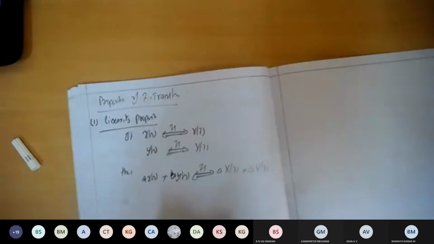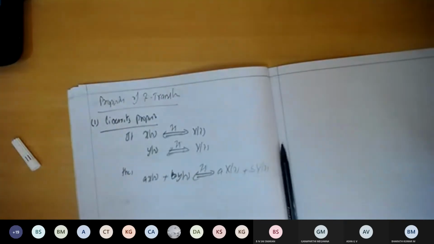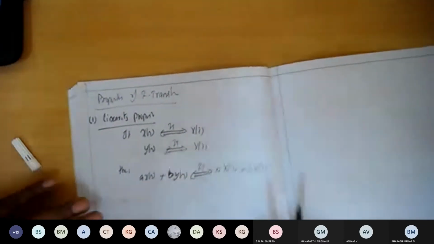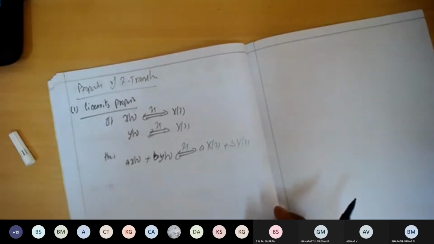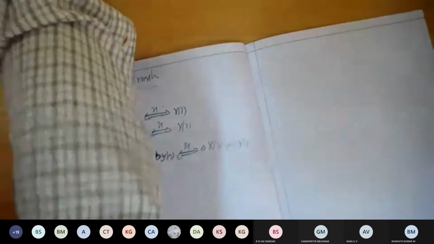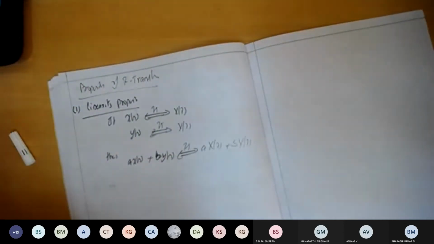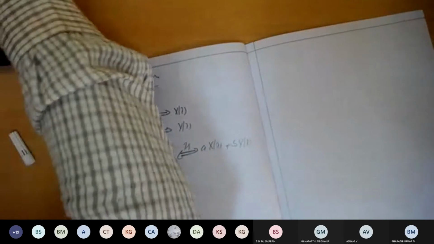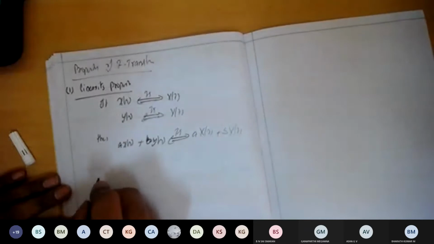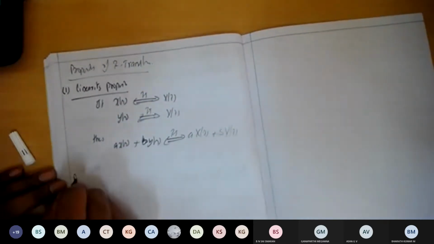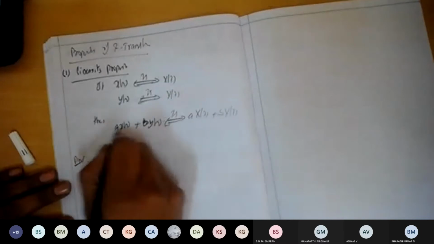Let us prove this. It is a very simple one. We'll consider the LHS part.